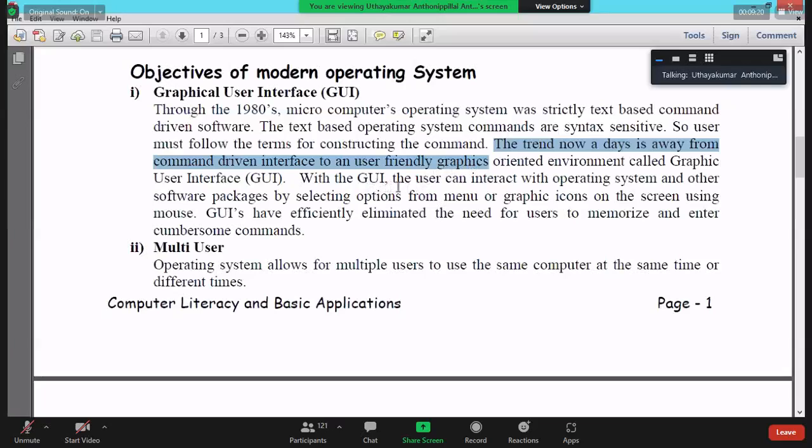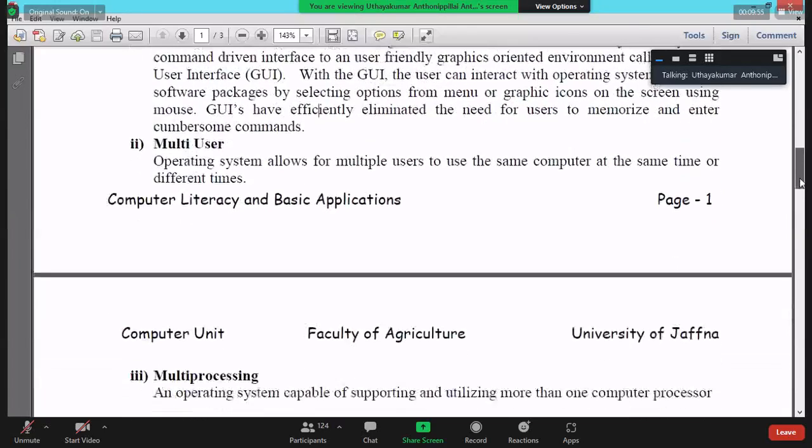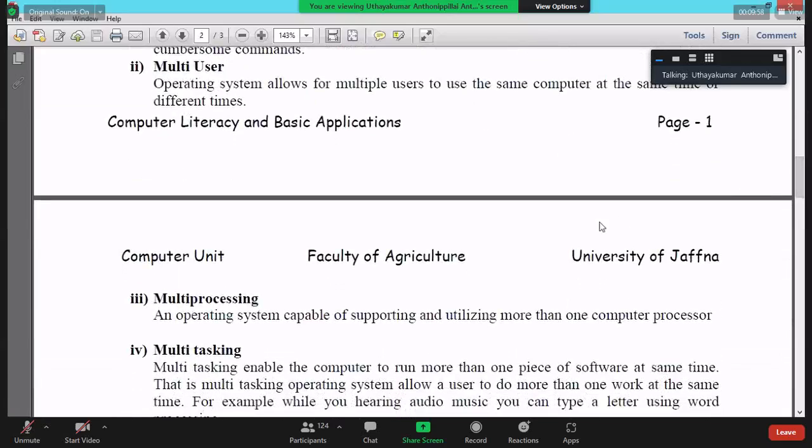With the graphical user interface, the user can interact with the operating system and other software packages by selecting options from menus or graphic icons on the screen using a mouse. The GUI has efficiently eliminated the need for users to memorize and enter cumbersome commands.